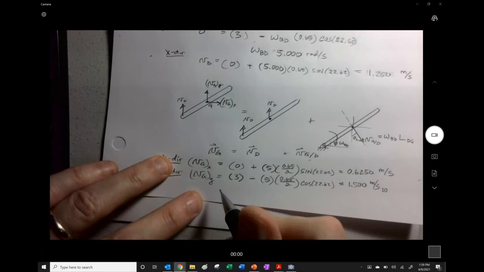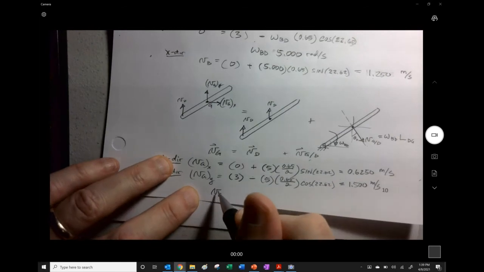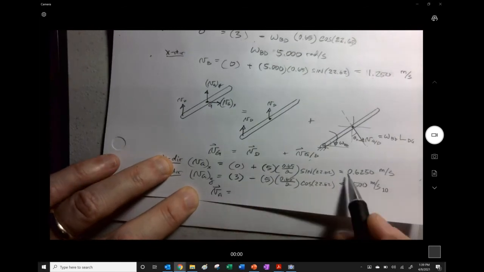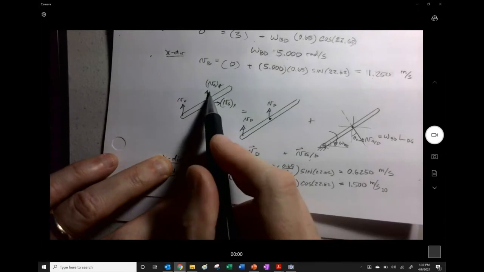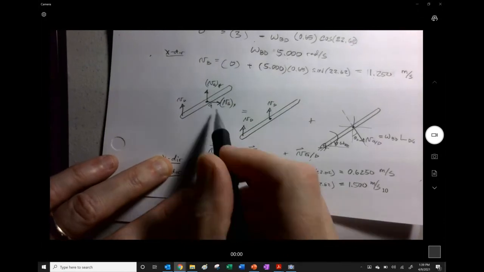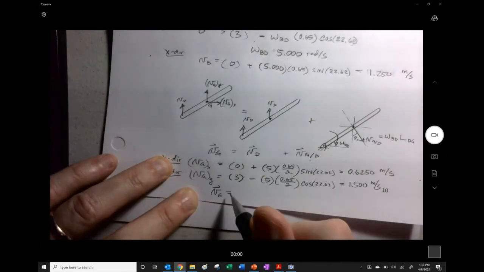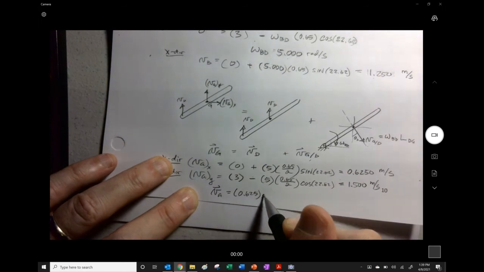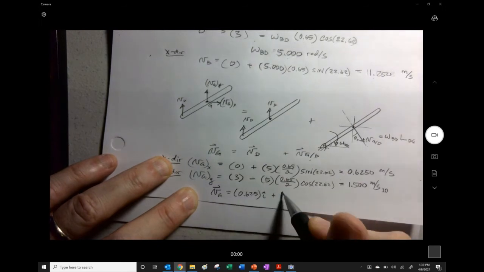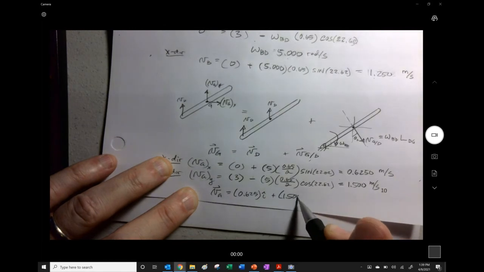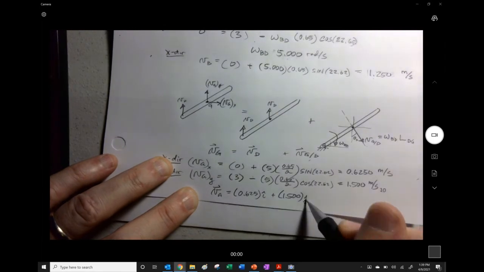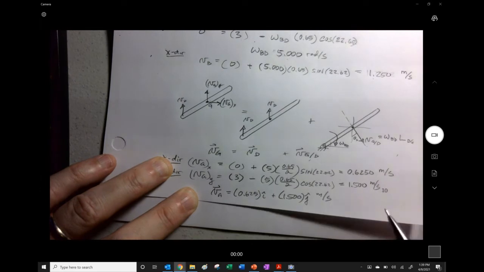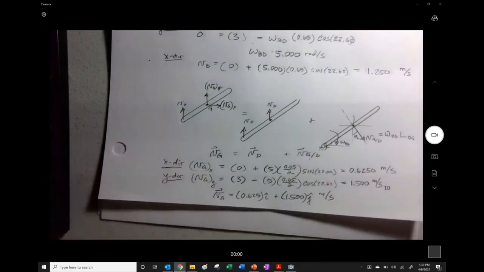So our answer, velocity of g, and they were both positive, by the way, so we were correct. That's why I drew it this way. We could say in the x direction 0.625 i plus 1.500 j meters per second.